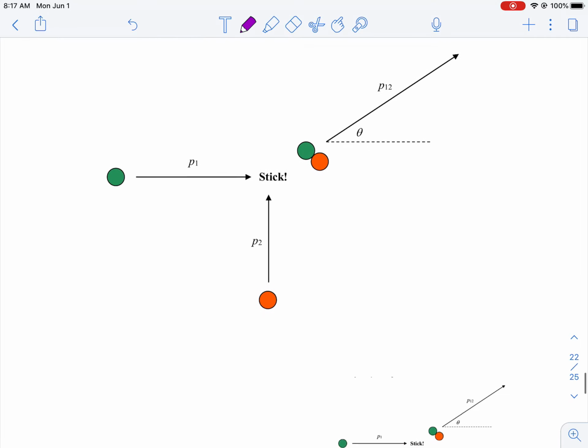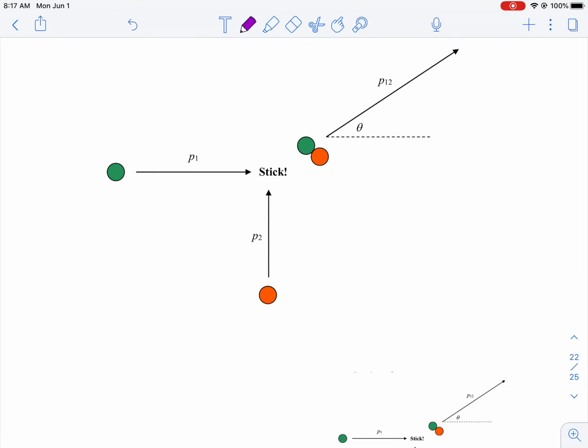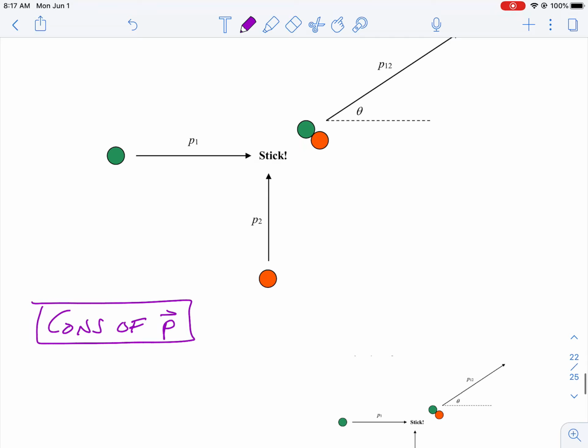Now, the good news is it actually starts out the same way it would ordinarily, where we would start with the principle, which is conservation of momentum, assuming isolated system. And that leads to the total momentum before is equal to the total momentum afterwards.